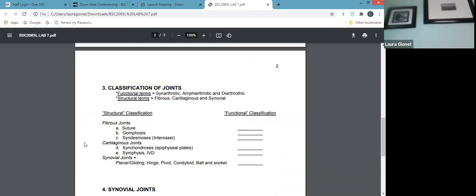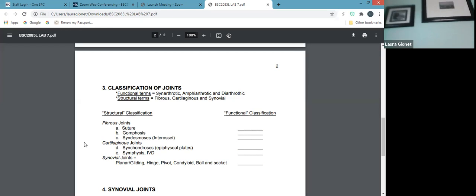Okay. So now we're going to move on to the classification of joints. In lecture, we said that of all these different joints of your body, you can classify each one based on its functional classification or its structural classification.